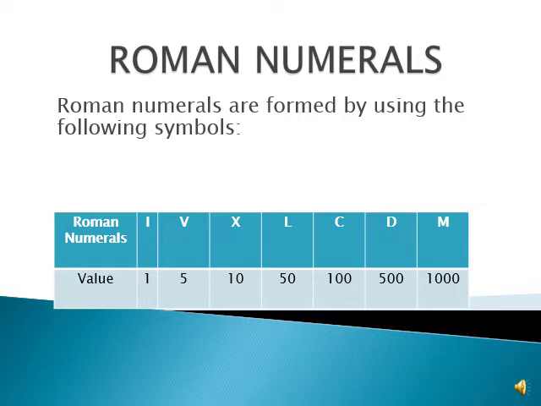The value for X is 10. The value for L is 50. The value for C, which also stands for century, is 100. The value for D is 500, and M stands for millennium, whose value is 1000.